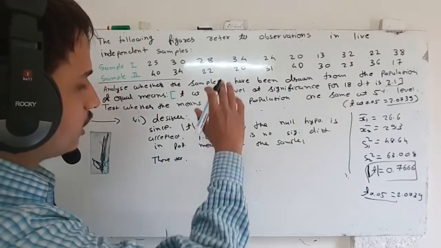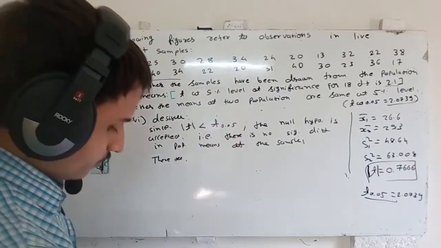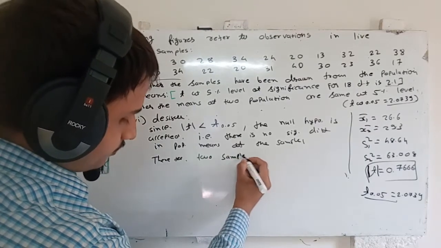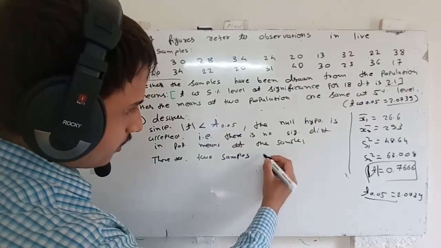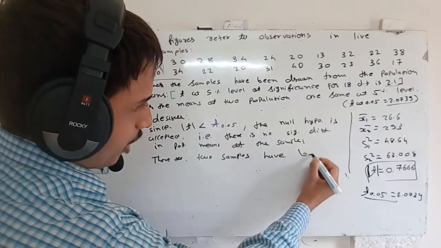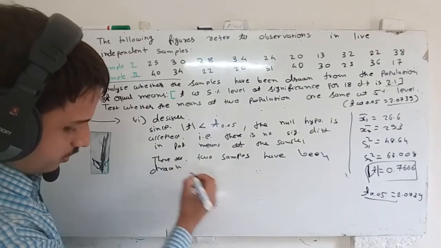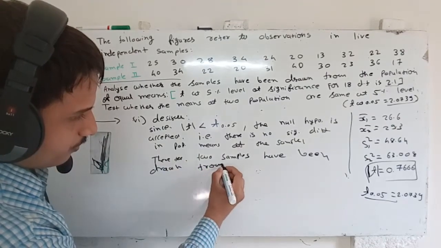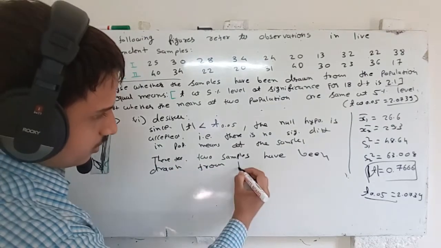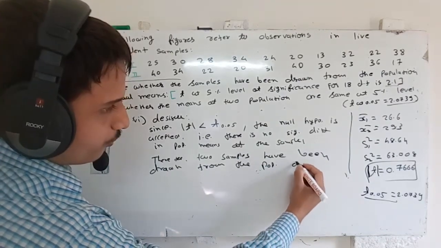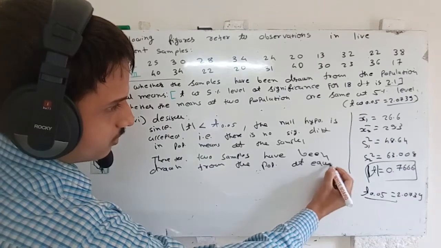In order to answer this question, we will write, therefore, two samples have been drawn from the population of equal means.